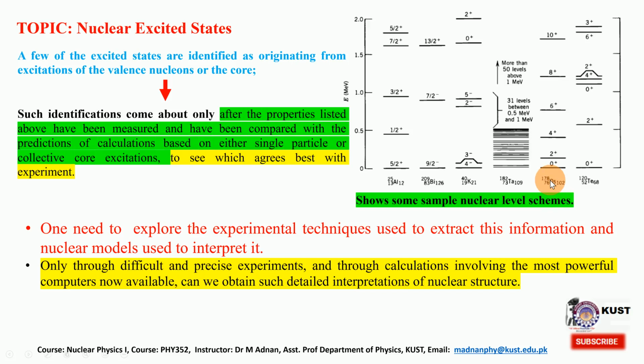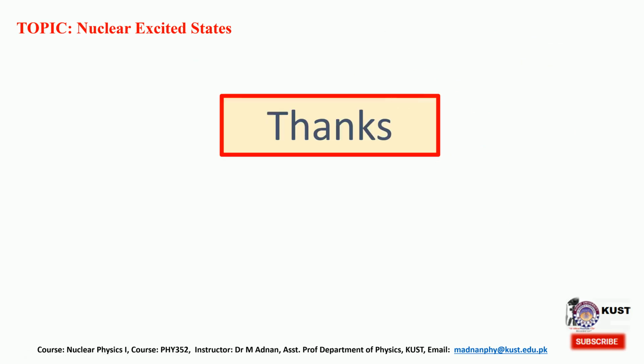This A lies in this range and having even Z and even N, there will be a regularity associated. So once we are in a position to describe the various models, and particularly the shell model, we'll be able to extract more information from these energy level diagrams for nuclei and the various excited states. So with this, I thank you for your time.